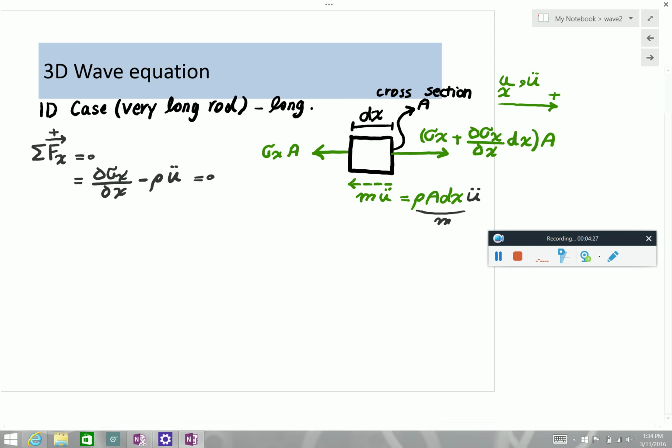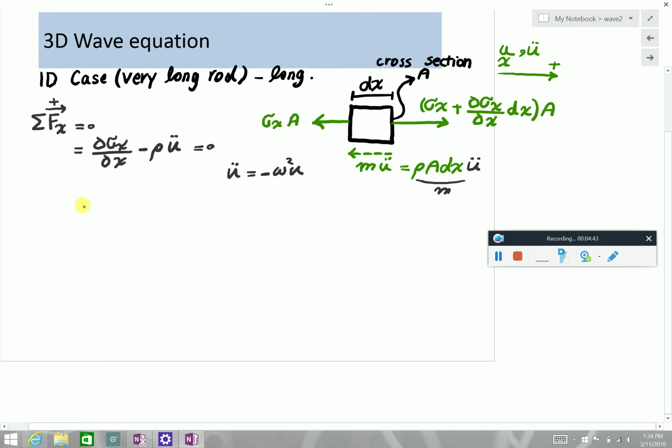And then because the motion in time is harmonic, we can easily say that the acceleration is negative omega squared u, and this brings us to the wave equation in the one-dimensional case, where we had the change in sigma x with respect to x equal to rho times negative omega squared u.